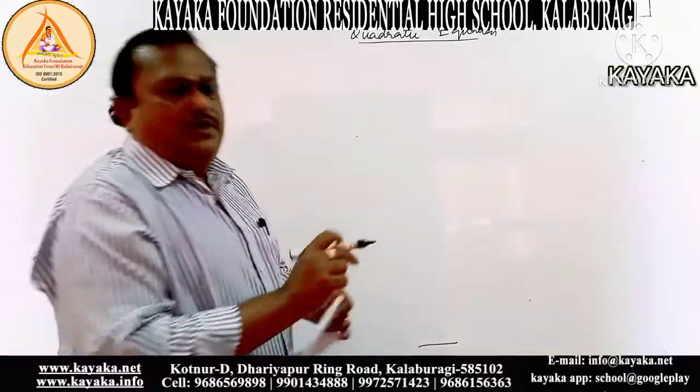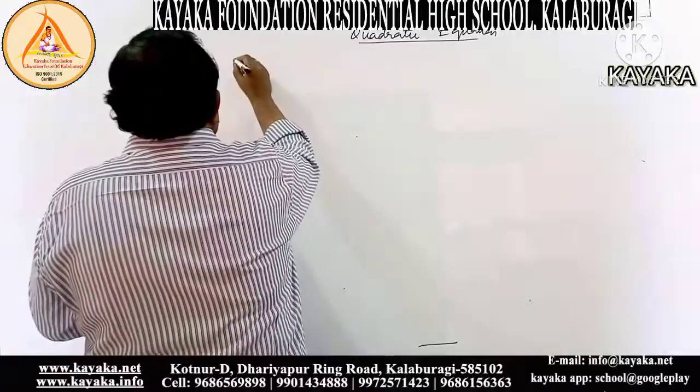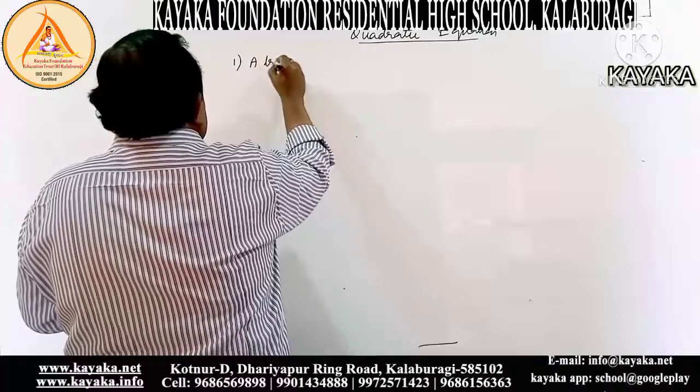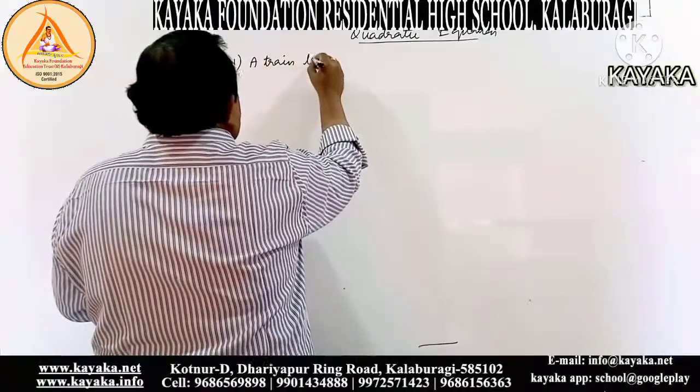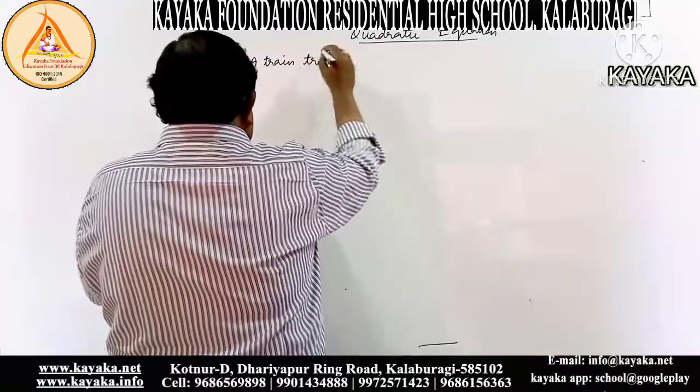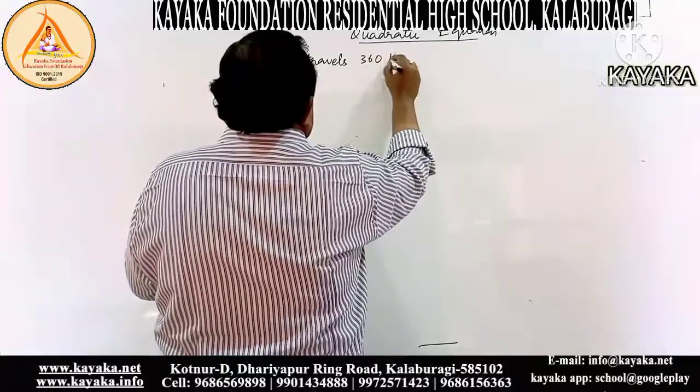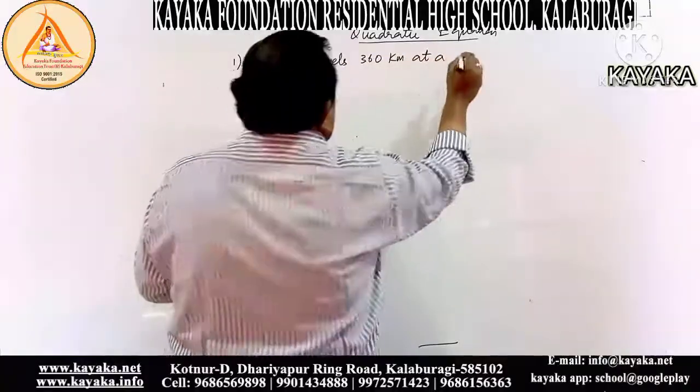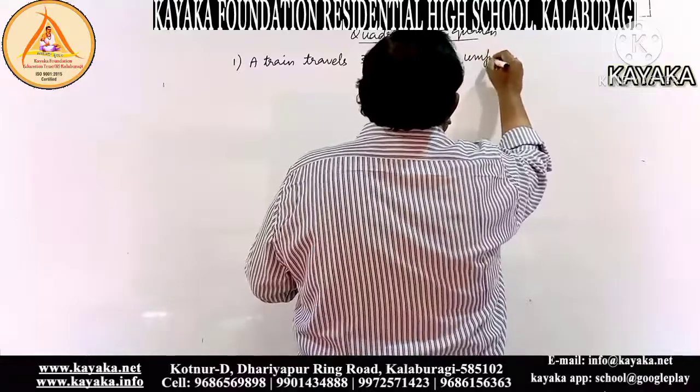First problem I will write on the board. A train travels 360 kilometers at a uniform speed.